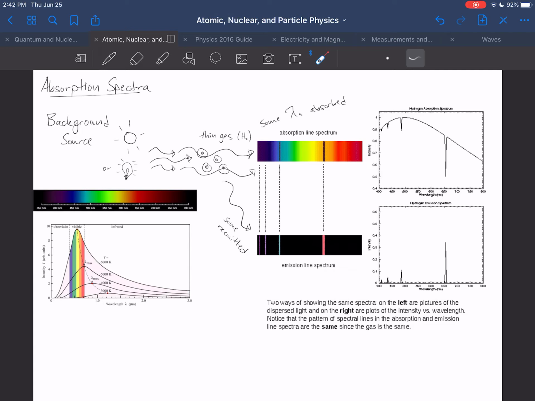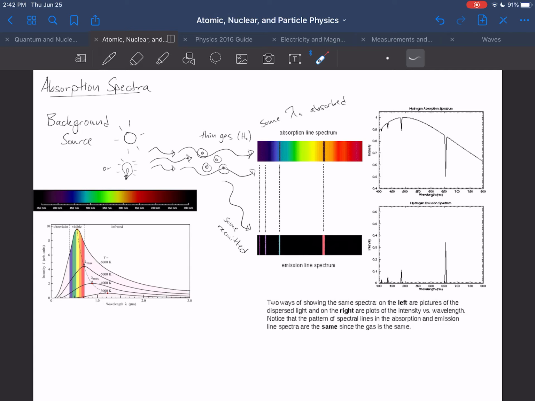You can think of this in practical terms as the atmosphere of the sun, or for that matter, our atmosphere. We get the same sort of effect. That light shines through that thin gas. And what happens is that the light is absorbed, that's why it's called an absorption spectrum, by the electrons in the thin gas, but only some of the light is absorbed. And in fact, what of the light is absorbed?